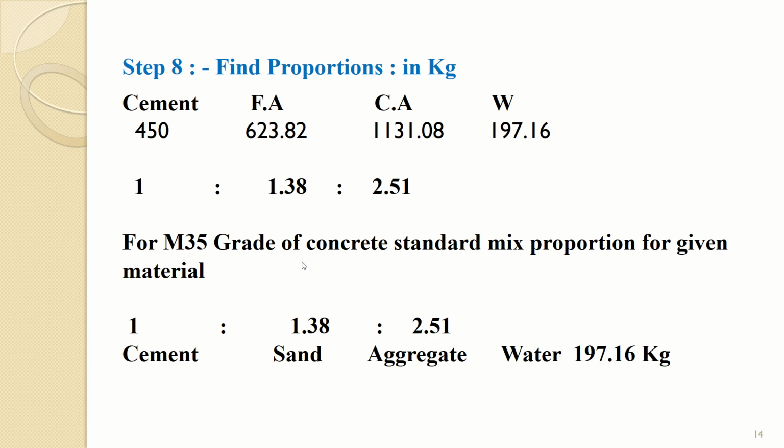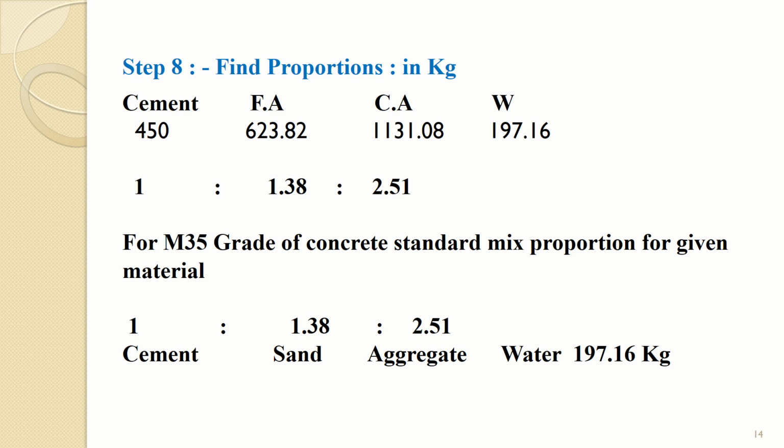This is the standard proportion for M35 grade of concrete, and this standard proportion is called the concrete mix design. There may be slight changes in the water content due to the presence of moisture content in the coarse aggregate or fine aggregate.